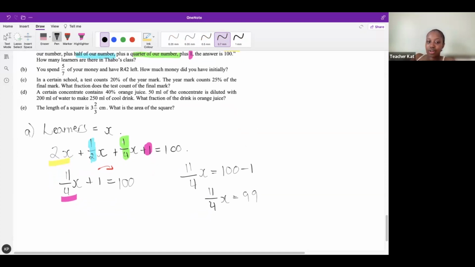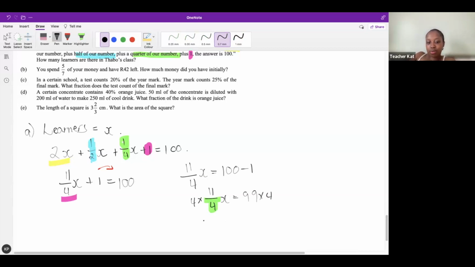Now, how do I get rid of this 11 divided by 4? Does anyone know? Let's get rid of the divide by 4 first. What's the inverse operation for divide by 4? Multiply by 4.